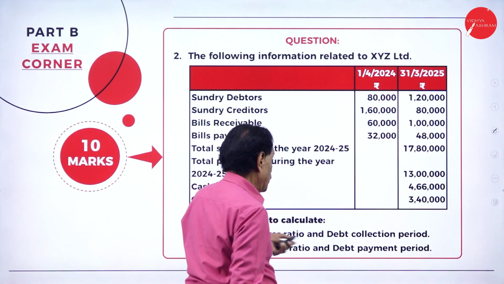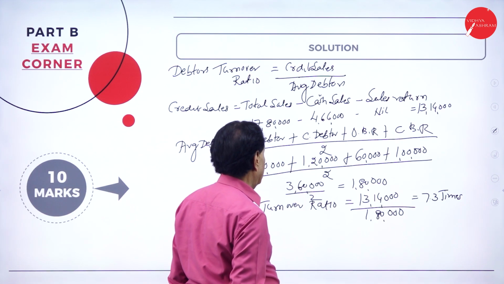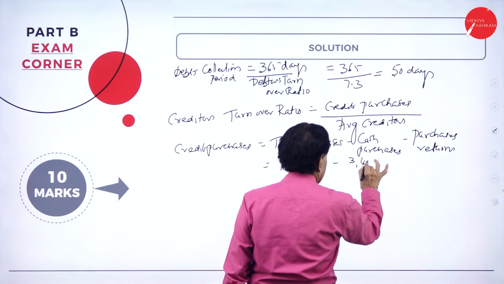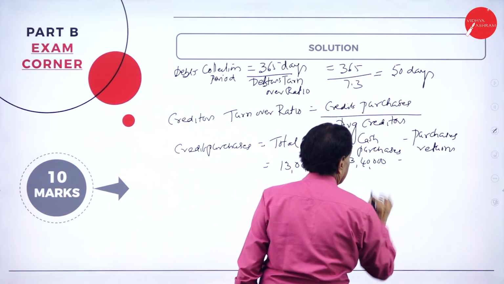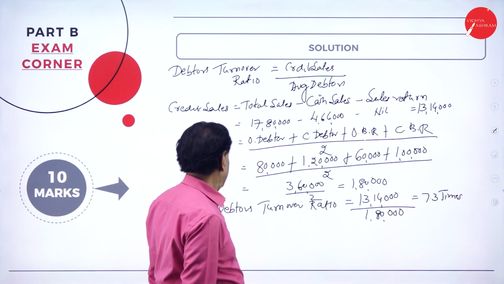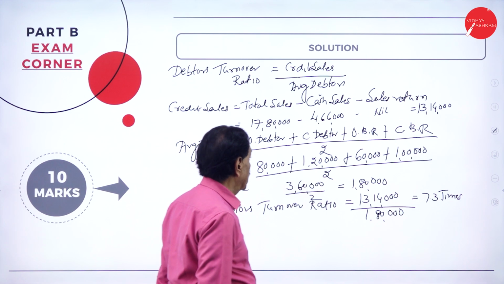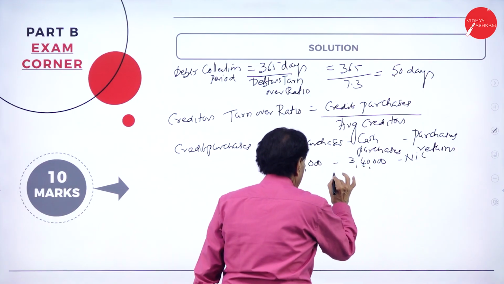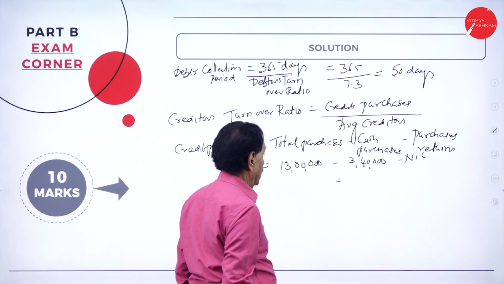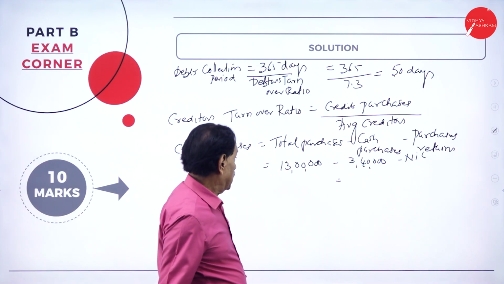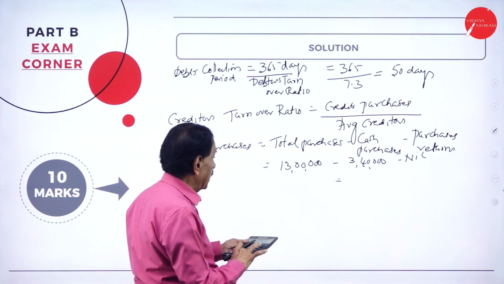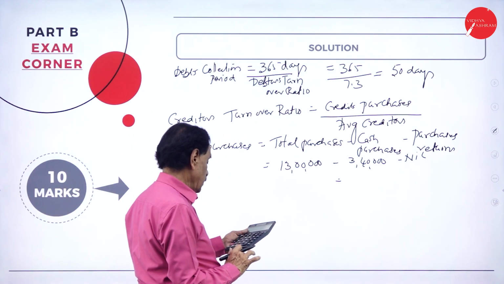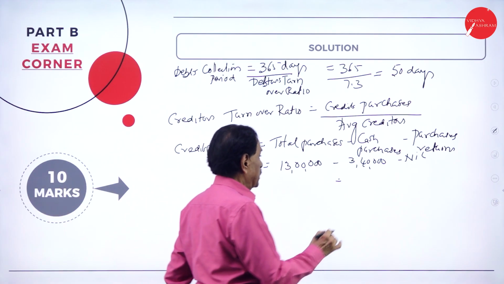What's your cash purchases? 3,40,000 minus purchases return not given, nil, is equal to 13 lakh minus 3 lakh, 9,60,000.